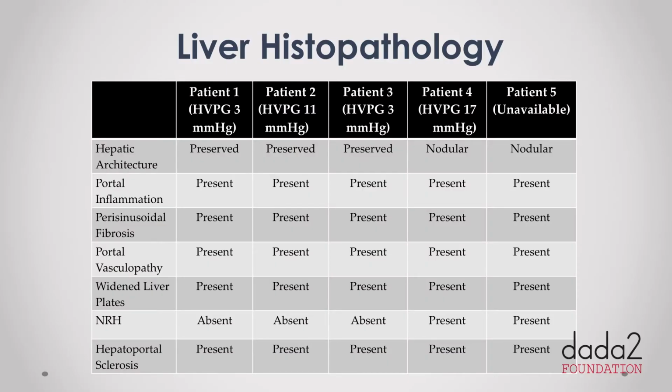And then these are just some more of our observations in these 5 patients. And at the bottom, you see that each one of them classified as having hepatoportal sclerosis. And then on biopsy, 2 of the patients had the more severe nodular regenerative hyperplasia.